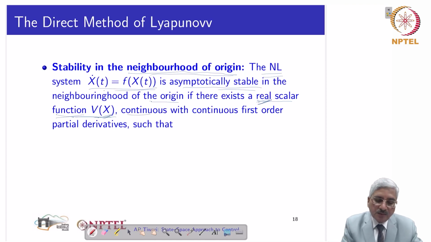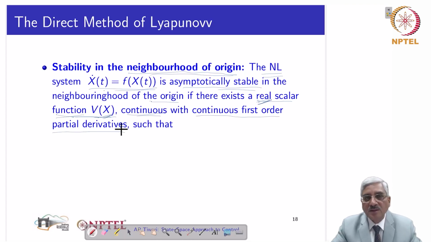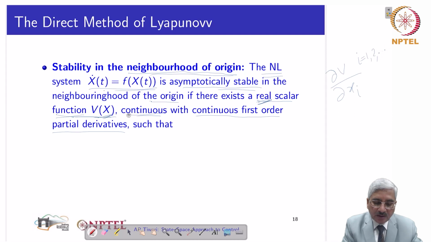It should be continuous and its first order partial derivatives should also be continuous. That means del V by del x_i, i equal to 1, 2, etc. So not only the function is continuous, but its first order partial derivatives are also continuous.